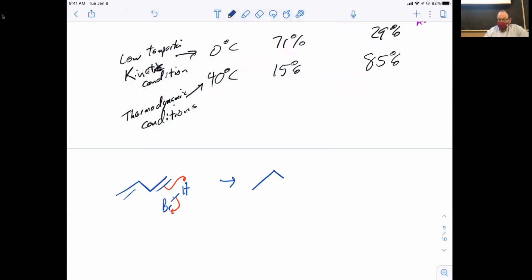Well, that bromine is right next to that carbocation. Is that positive carbocation and that negative bromide going to be attracted to each other? Yes. Are they close to each other already? Yes.